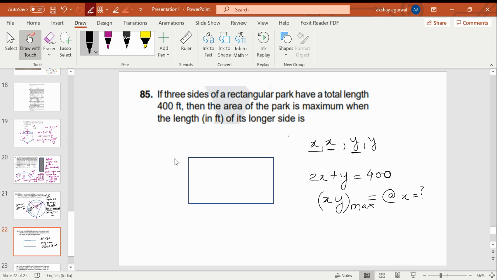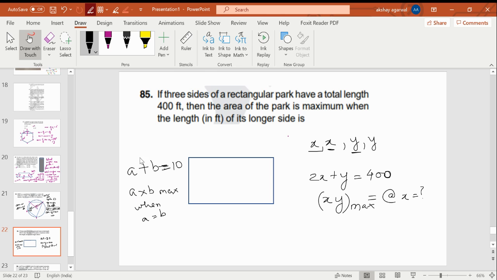Now, while we go into the algebra module, we'll get into the maxima minima concept. And there you'll realize that if a plus b is equal to some constant, say 10, then a into b will be maximum when a is equal to b.